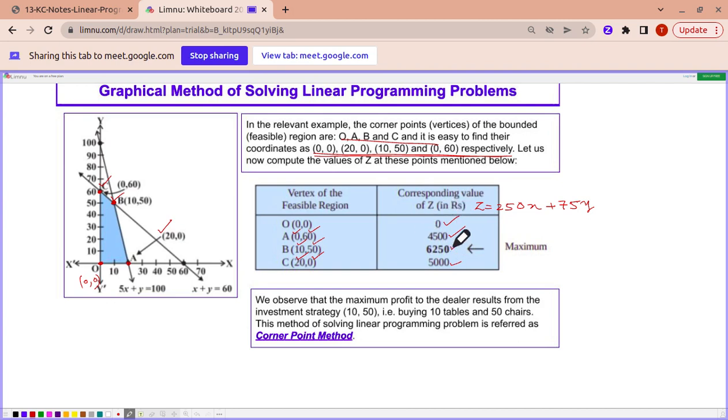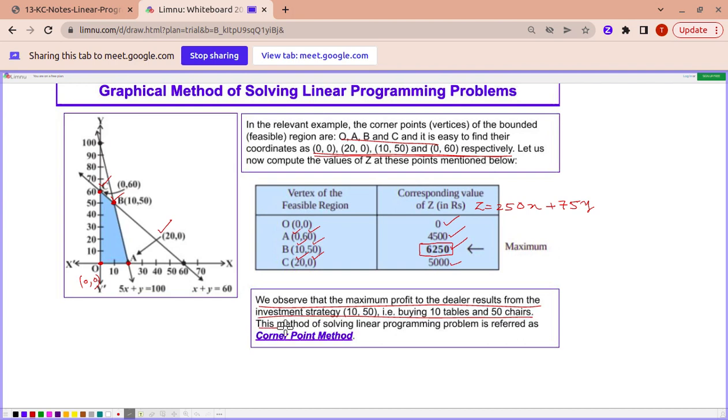Among all these four values, we see that 6250 is the maximum value. So we observe that the maximum profit of the dealer results from the investment strategy 10, 50, that is by buying 10 tables and 50 chairs.